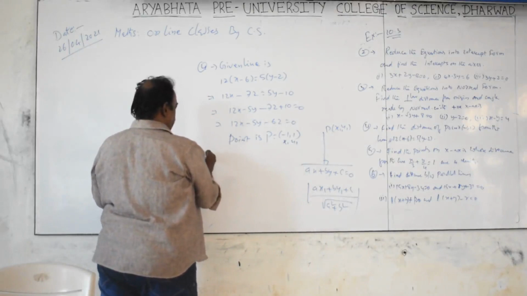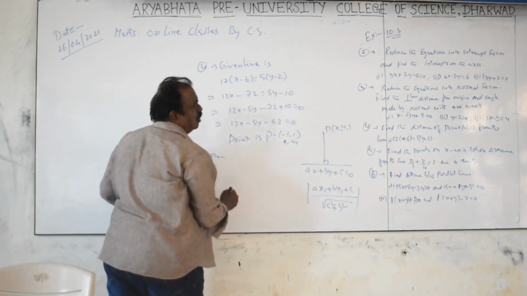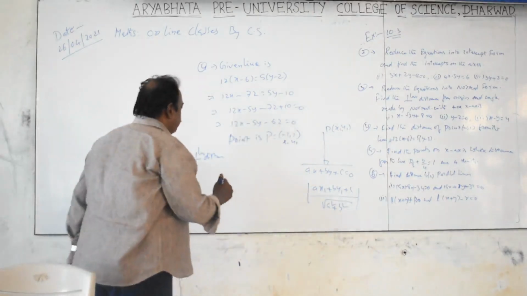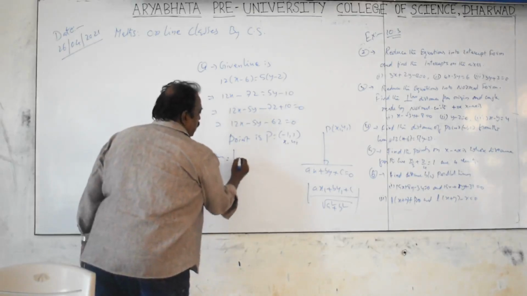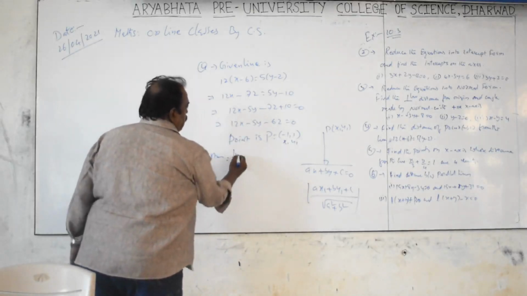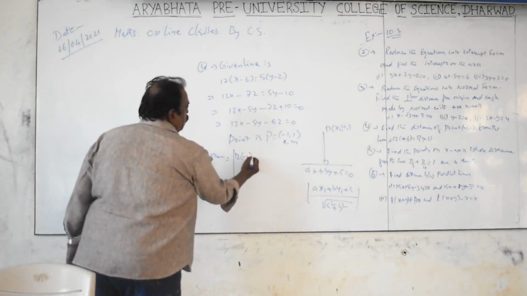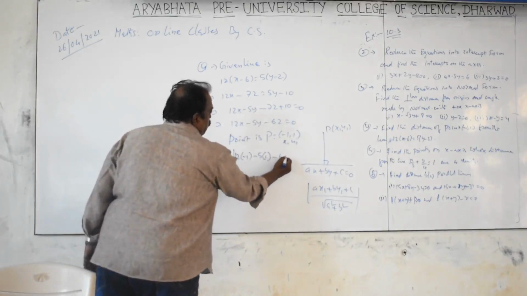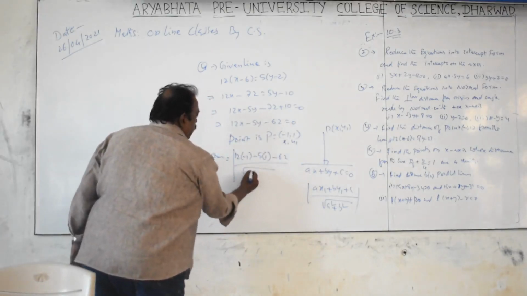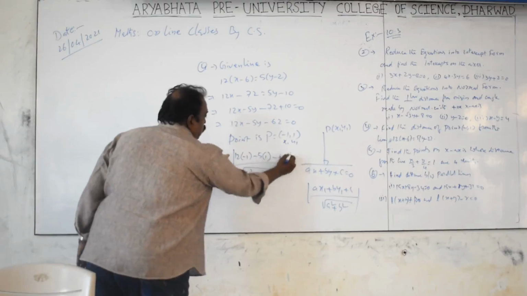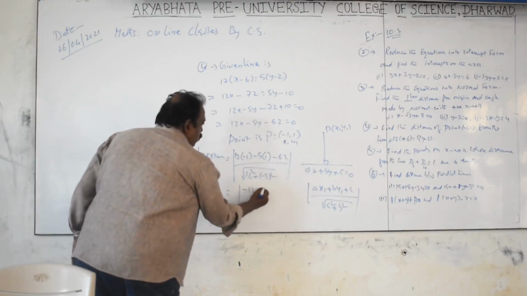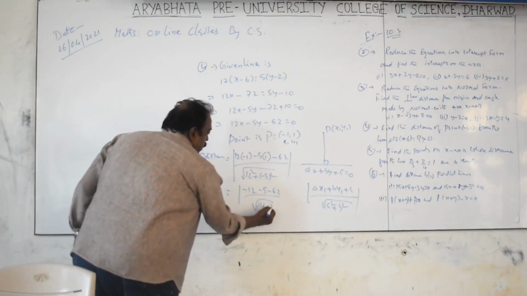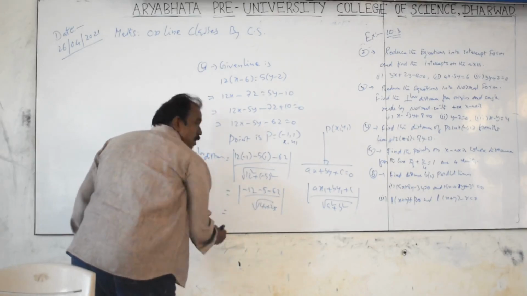Now, perpendicular distance. We are asked to find the distance of the point from the line, the perpendicular distance, so that formula applies. It is 12 into minus 1, minus 5 into 1, minus 62, divided by root of 12 square plus minus 5 whole square. It is minus 12 minus 5 minus 62 by root 144 plus 25.